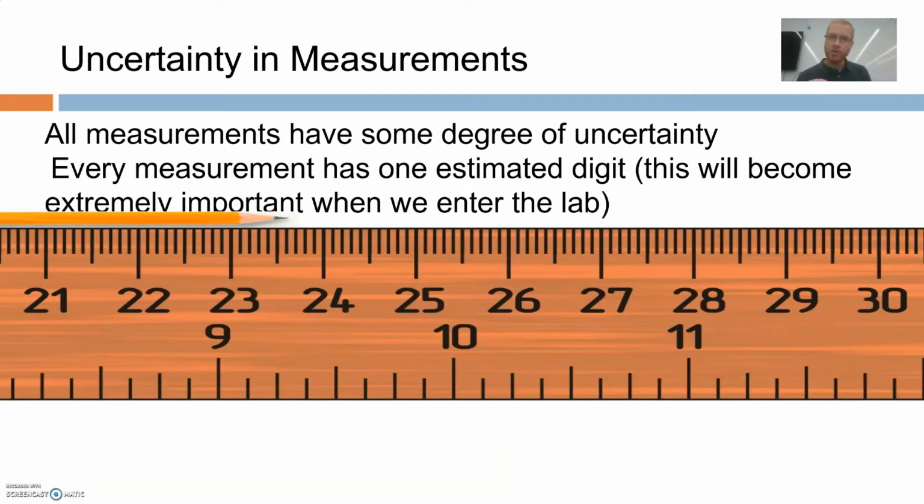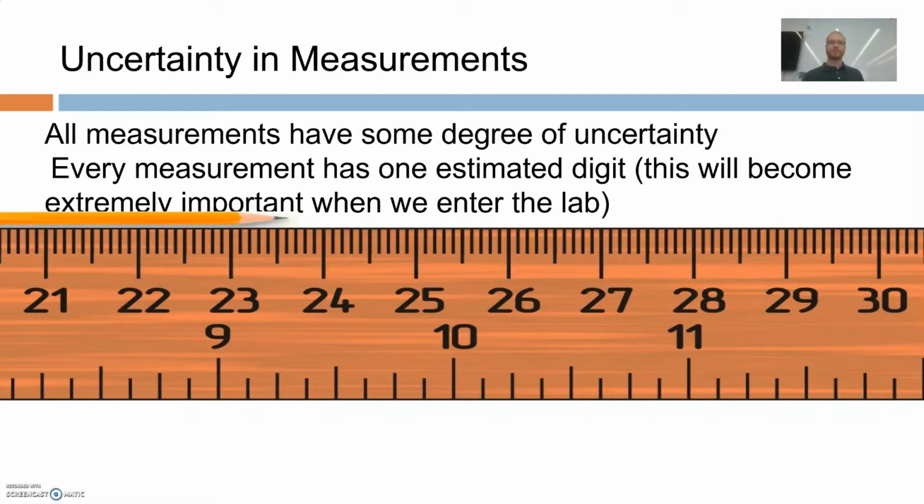So every measurement has a unit. Every measurement also has some amount of uncertainty to it. For instance, this ruler that you see here on the screen is marked to the tenth of a centimeter, or the millimeter. Well, we can't measure something to the 14th decimal place of a centimeter because you can't see it.